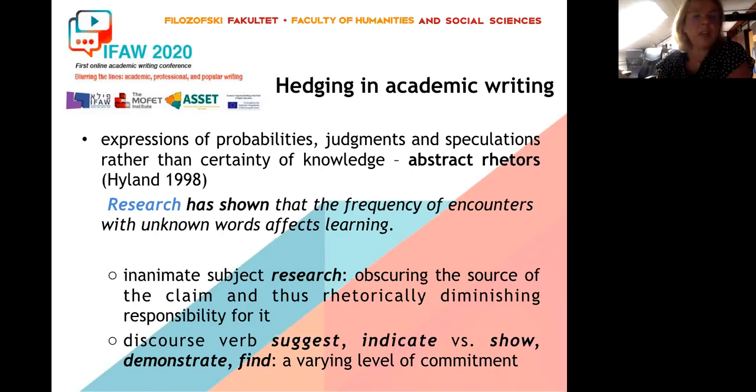A high frequency of inanimate subjects seems to be justified by the fact that the latter is more oriented to establishing the relational affairs among inanimate entities rather than focusing on human agents as doers of the action. So what Hyland also calls the writer-oriented hedge, where we have this reduced commitment to the claim, serves to protect the writer from a possibly mistaken view or inference.